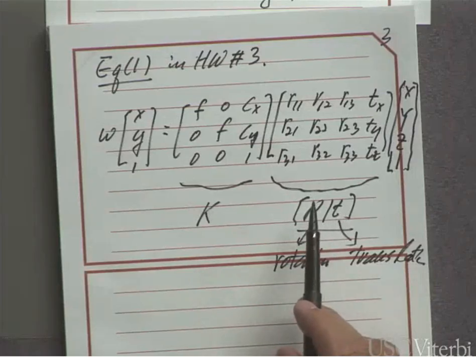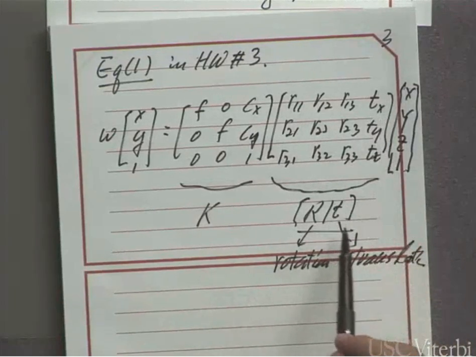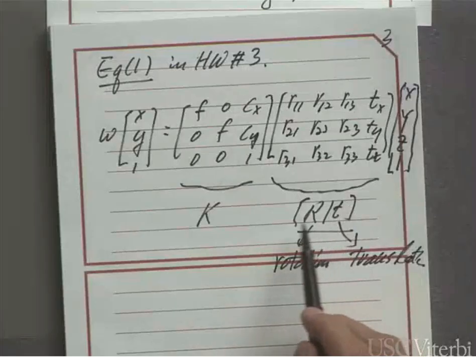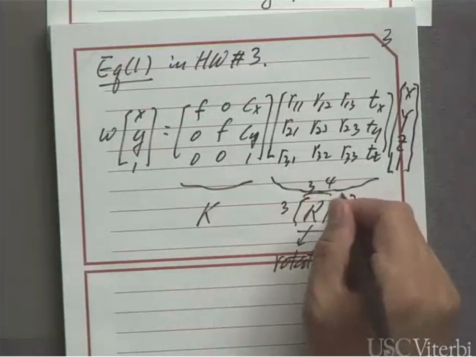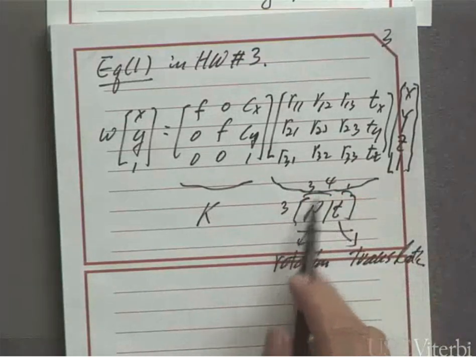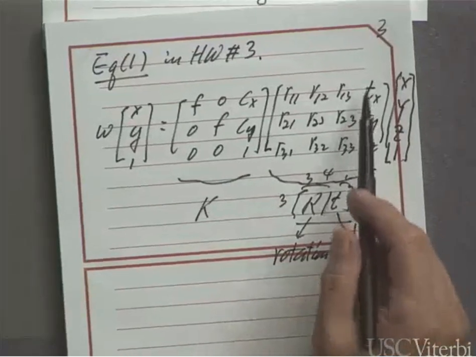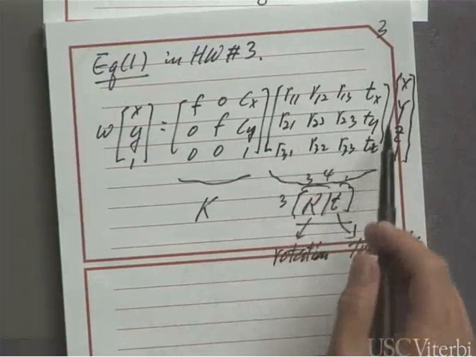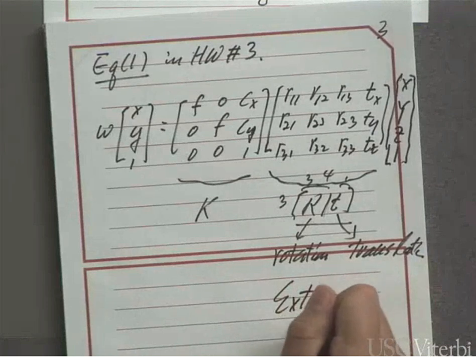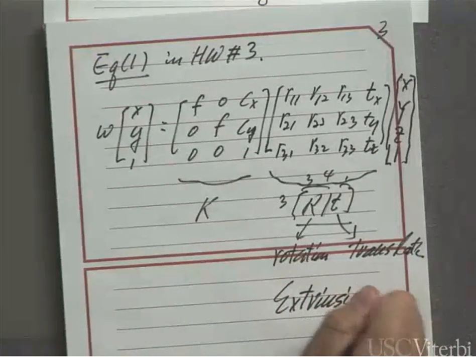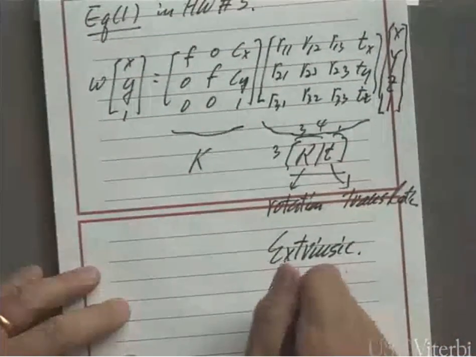You can say the first 3 columns are the rotation part, and T, the last column, is the translation part. So this is 3 by 4, but this is 3 by 3 and 3 by 1. I can separate it here. So there's the R part and the T part, and that's called the extrinsic camera matrix.